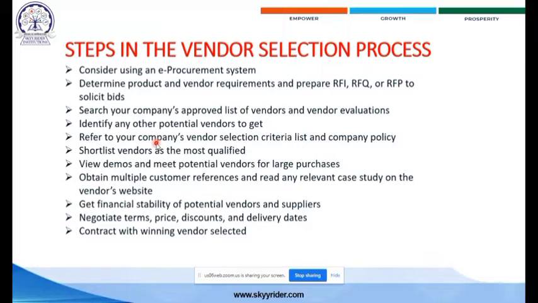Okay, so here are the steps in the vendor selection process. The first one is you should know about the software where we are designing, then you should know what the calculation will be to design a profile. And after that, on the basis of your design and analysis, your vehicle is ready, but that vehicle is not yet accessible for launching in the market.